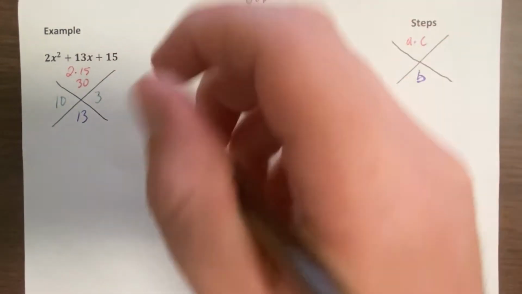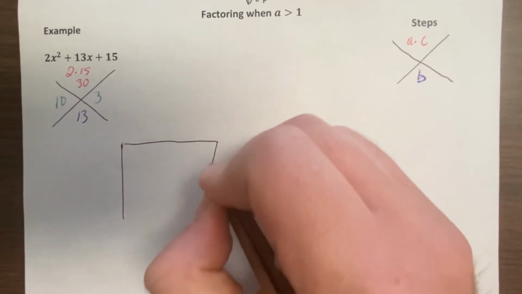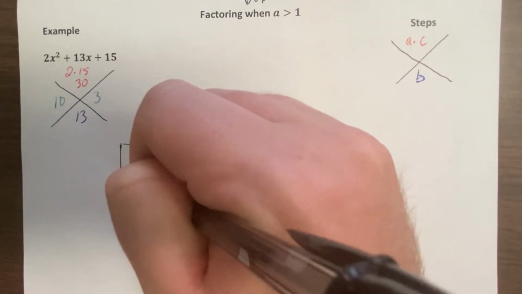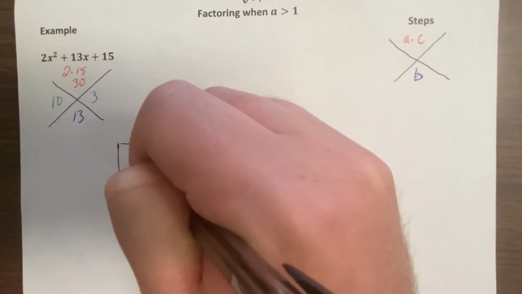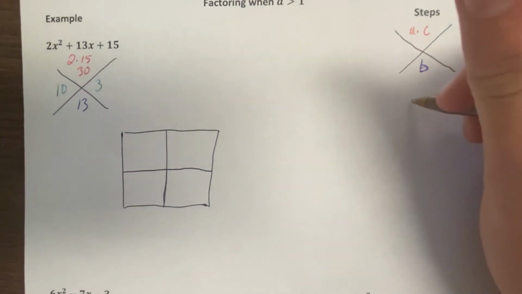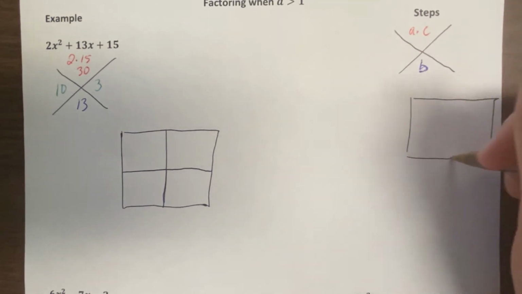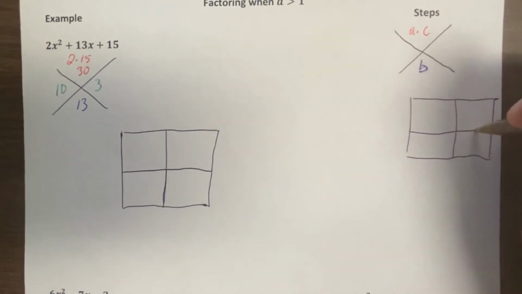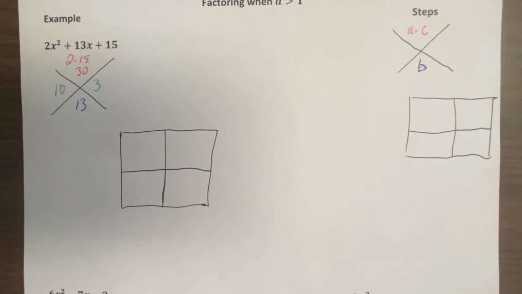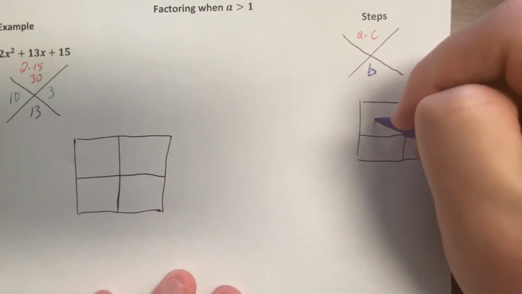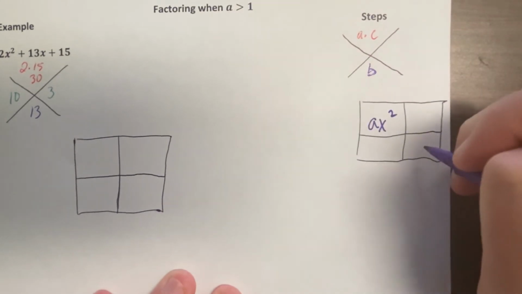The next thing you need to do is draw the box. When we're factoring, we are multiplying binomials, so we need to draw a 2 by 2 box. What goes in the box is the two numbers we can automatically see: the ax squared term and the c term.